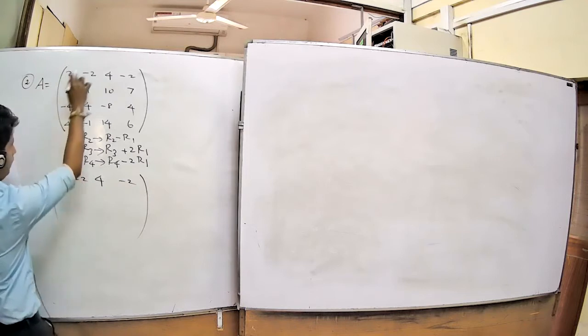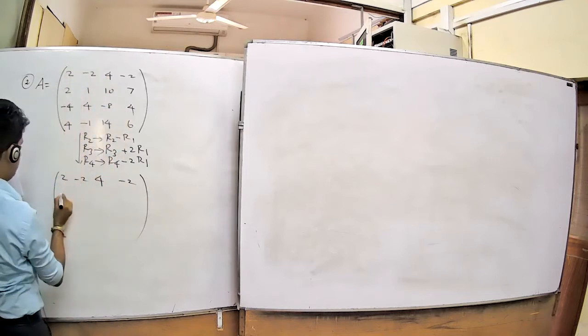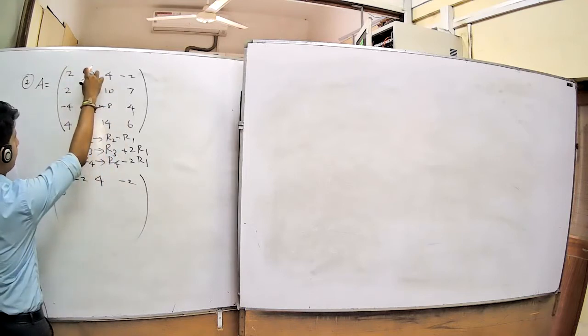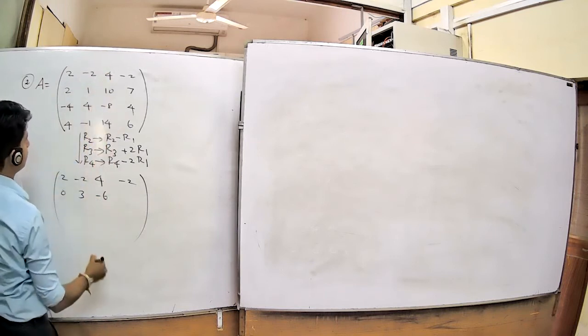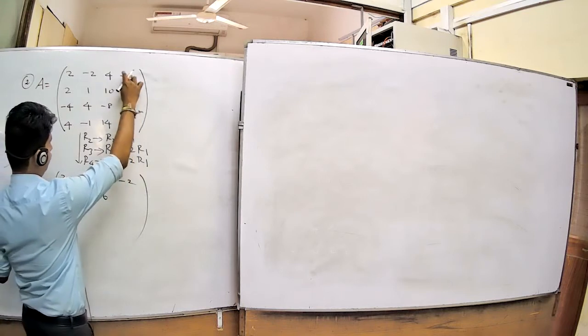Okay, now here you can multiply by minus 2 plus 2, 0. Here 2, 1, 3. Minus 4, 10. Minus 6, minus 2, 7, 9.